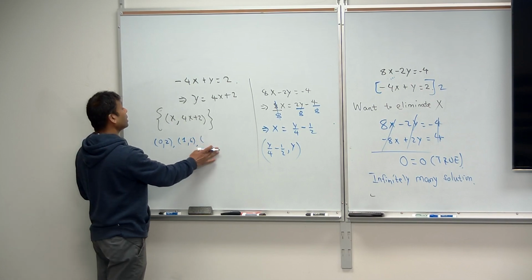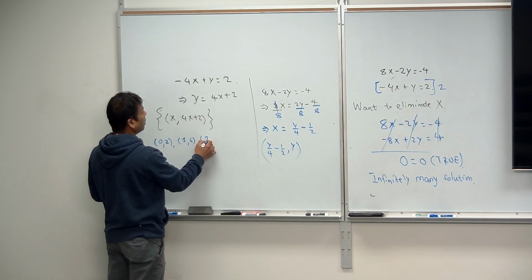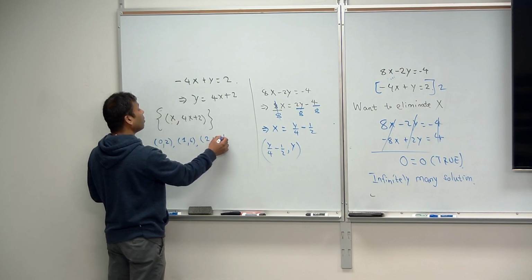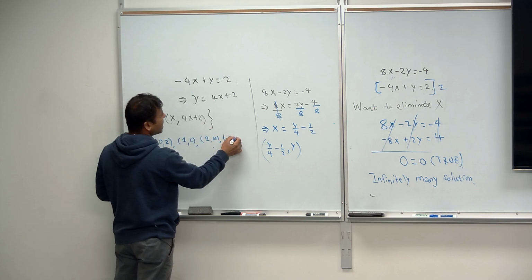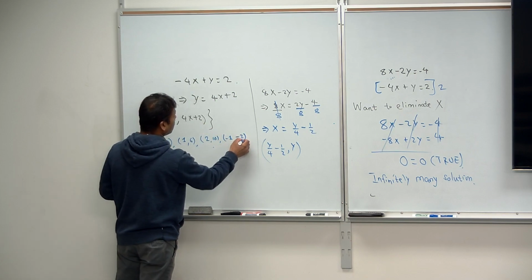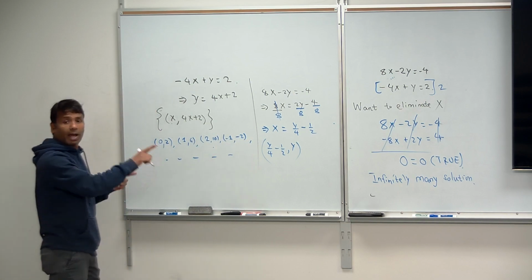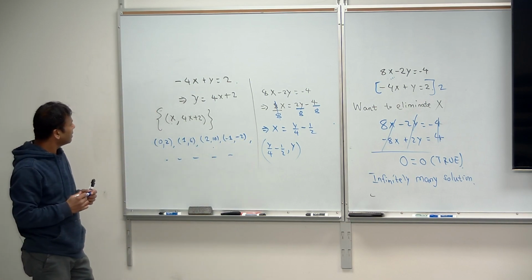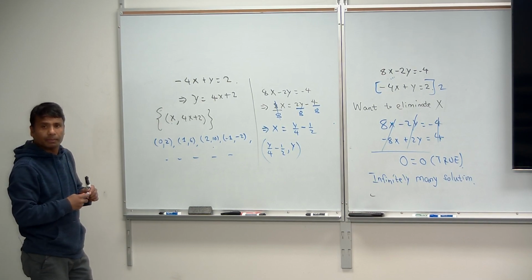If you plug in x equal to 2, 4 times 2 is 8, so 2 comma 10. If you plug in x equal to negative 1, negative 4 plus 2 is negative 2, right? So you can find infinitely many solutions like that. Make sense? Okay.